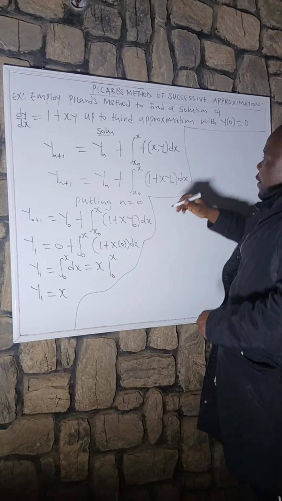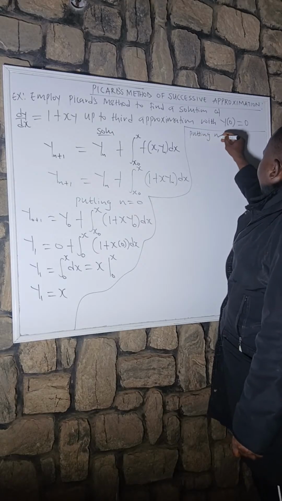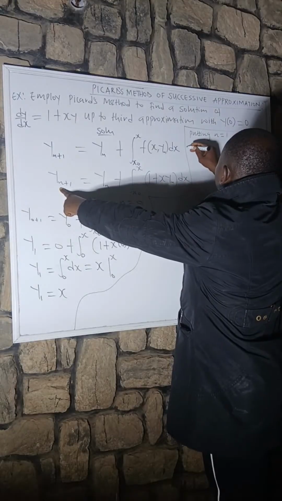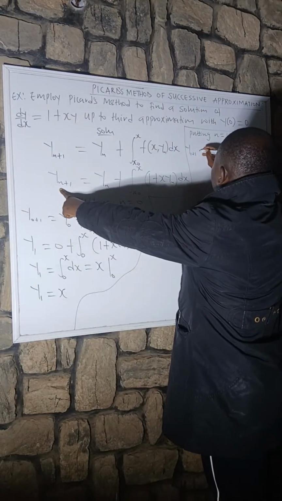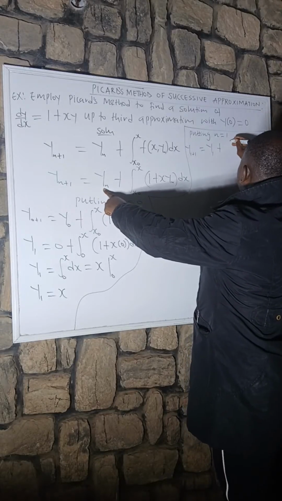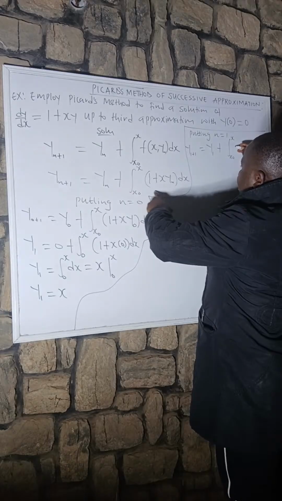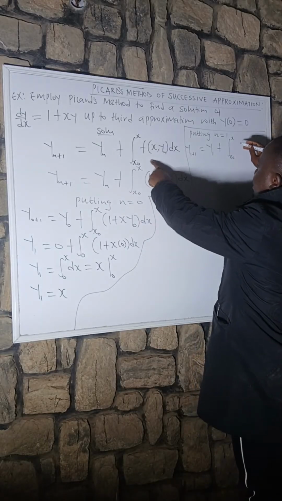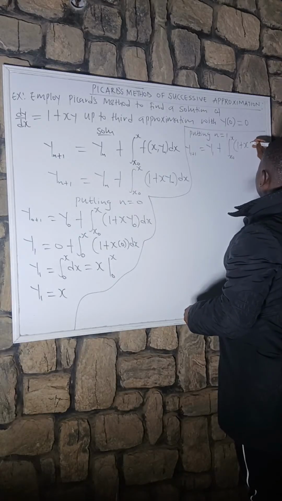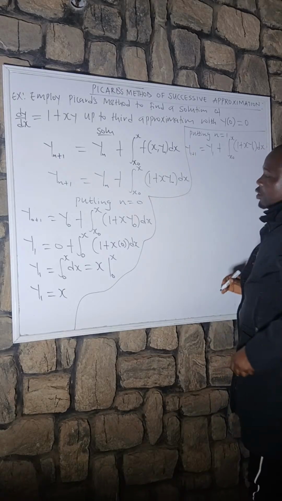When putting n equals 1, here will now be y subscript 1 plus 1, which is equal to y1 plus the integral from x naught to x of open bracket 1 plus x y1 close bracket dx.